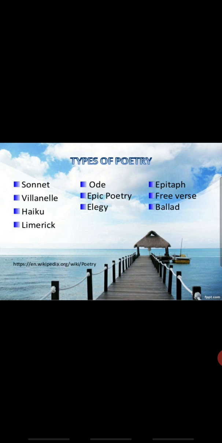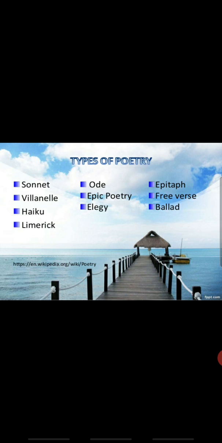Now we will talk about the types of poetry. There are three genres of poetry, and these three genres are narrative poetry, dramatic poetry, and lyrical poetry. But if we take the types of poetic form, then they are sonnet, ode, epitaph, villanelle, epic poetry, free verse, haiku, elegy, ballad, limerick.